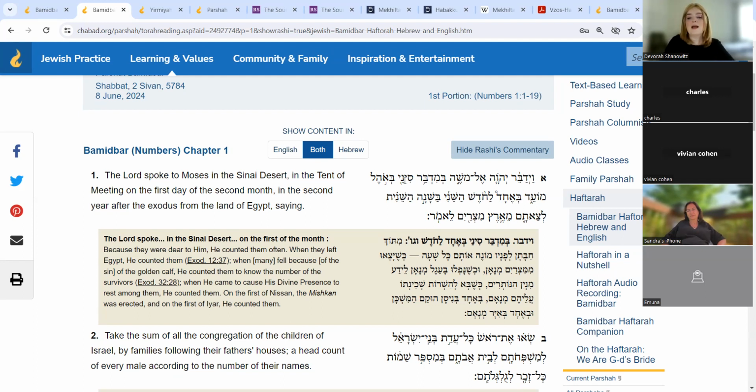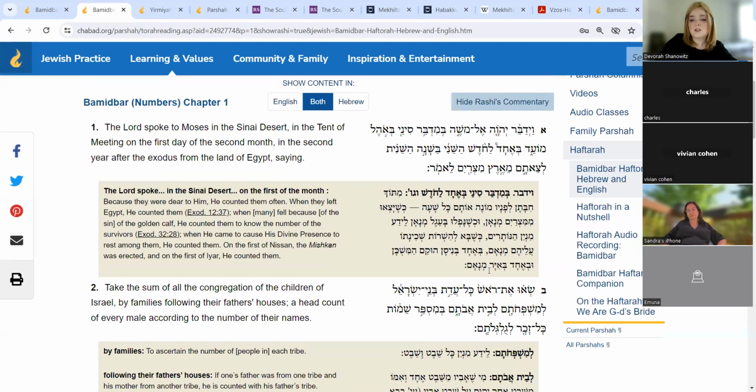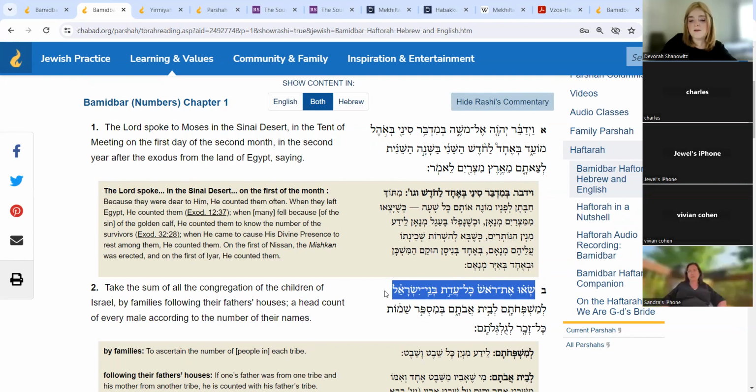And it starts off with an injunction, which is Su'u et rosh kol adat b'nei Yisrael, count the heads of the entire community of Israel, each one according to its group.